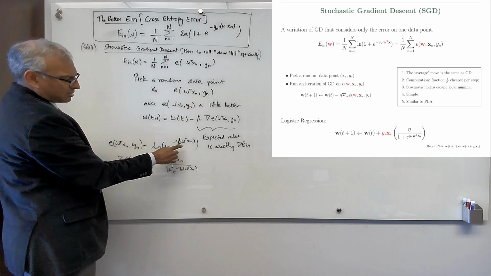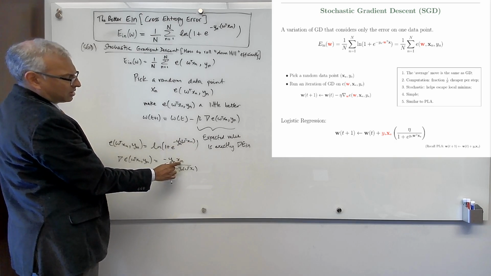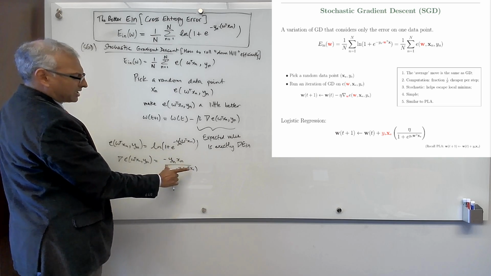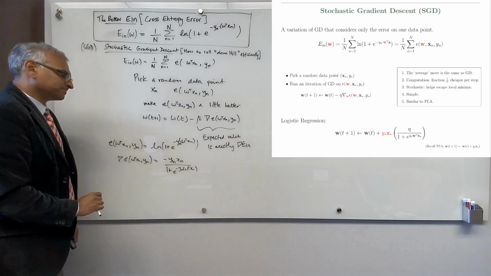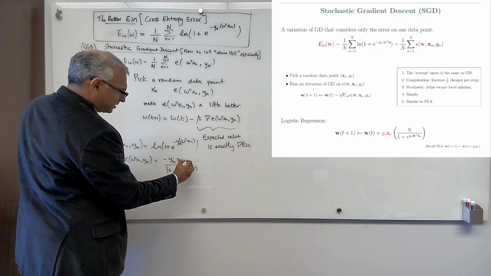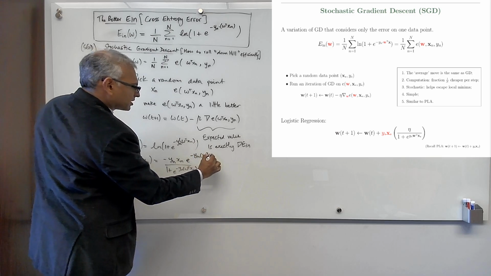Okay, it's basically, this is a linear function of W, so you pull down the coefficient, and then you take the log, the derivative of the log becomes 1 over that. And then you have to multiply here by e to the minus Yn W transpose Xn.